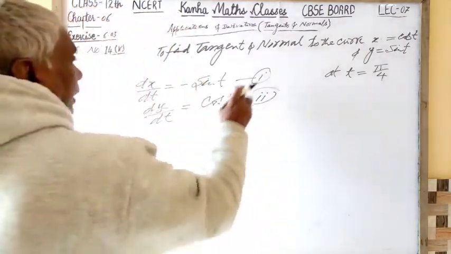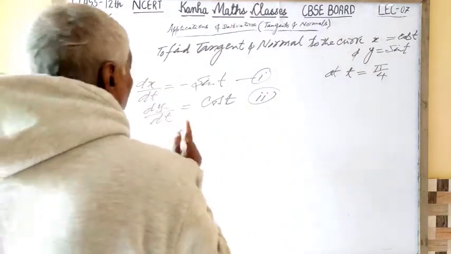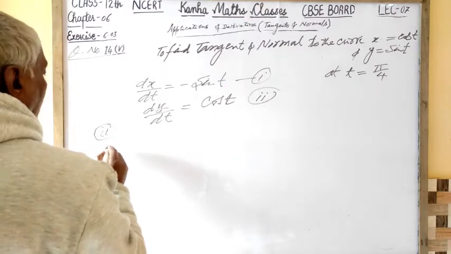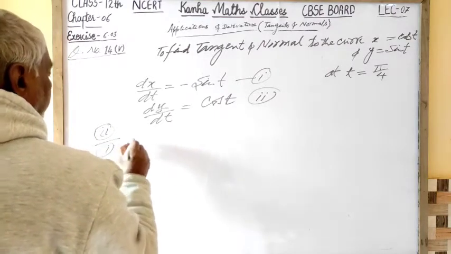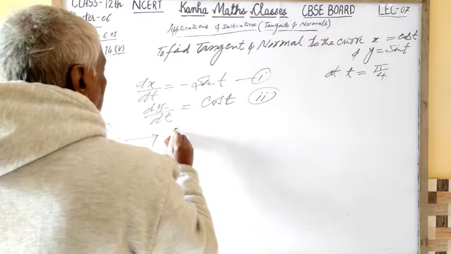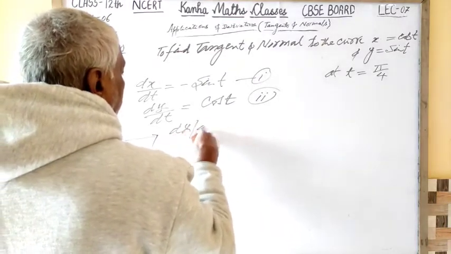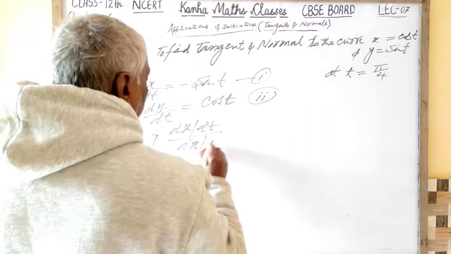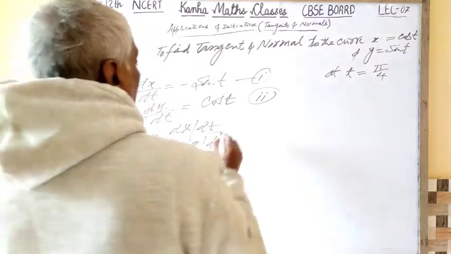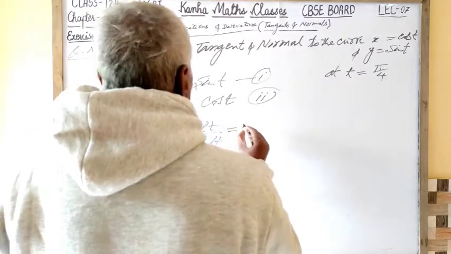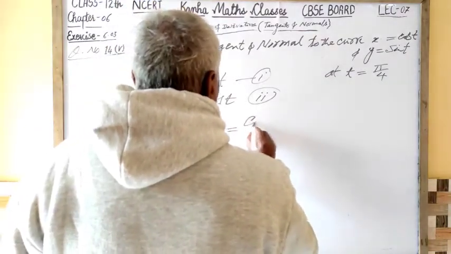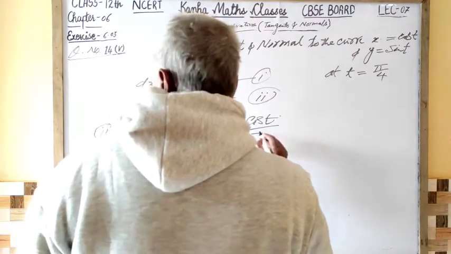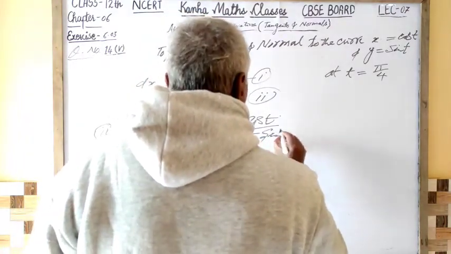With the help of equations number 1 and 2, we get dy by dx equal to dy by dt upon dx by dt, that is cos t upon minus sin t.